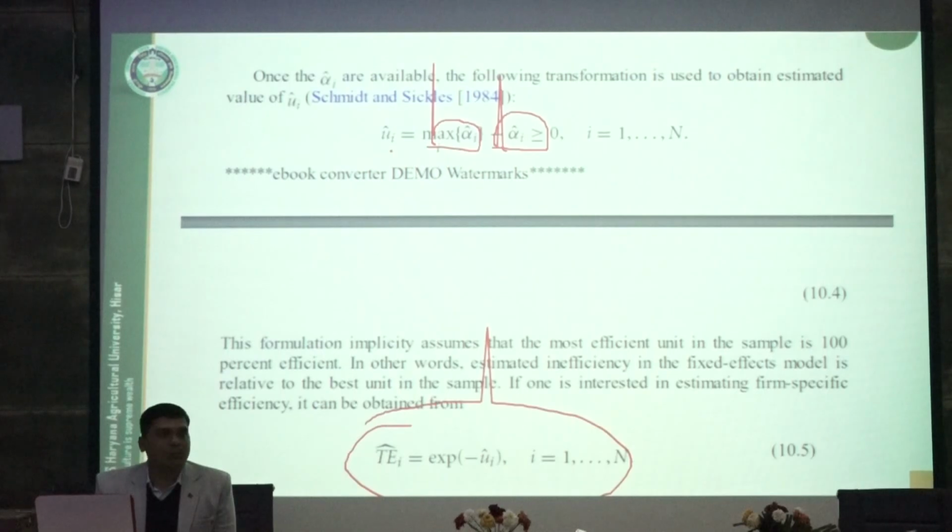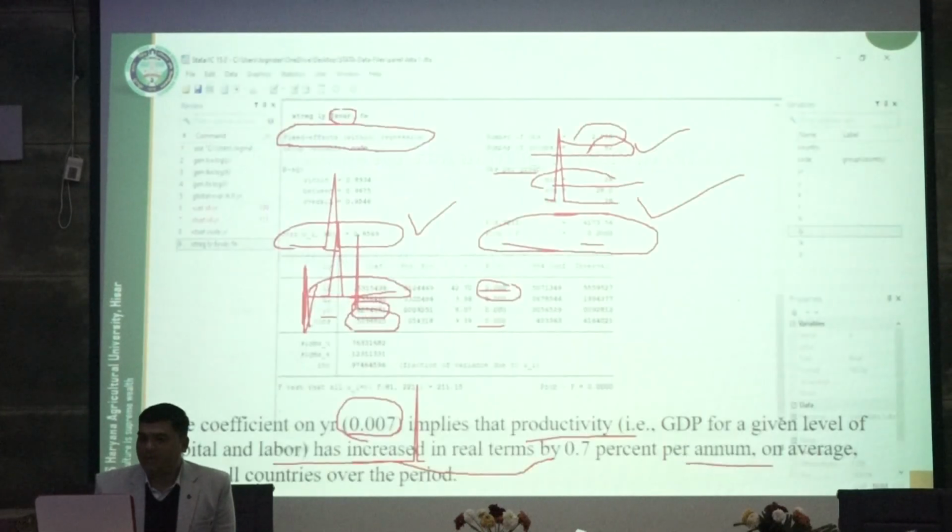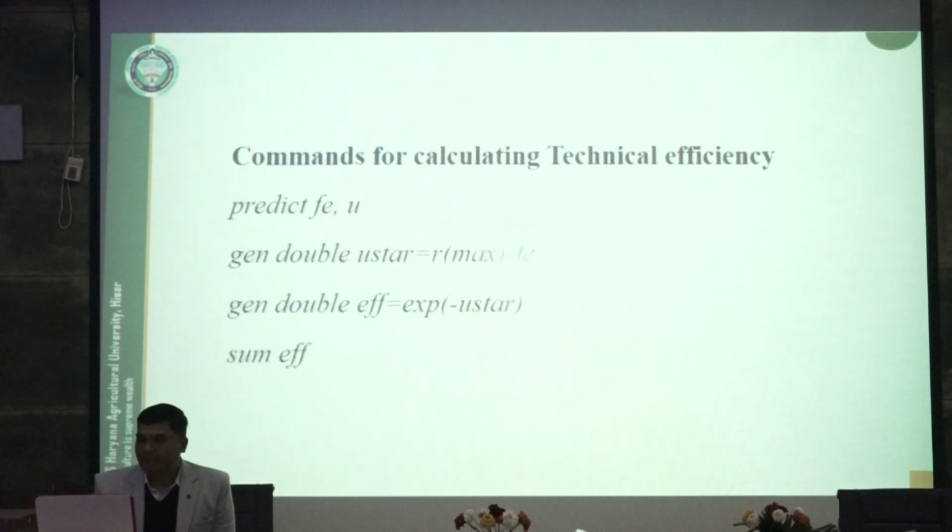This is the formula for ui's. So you find the maximum value minus that u value, and then take the exponential of that. This is the formula. You can check.